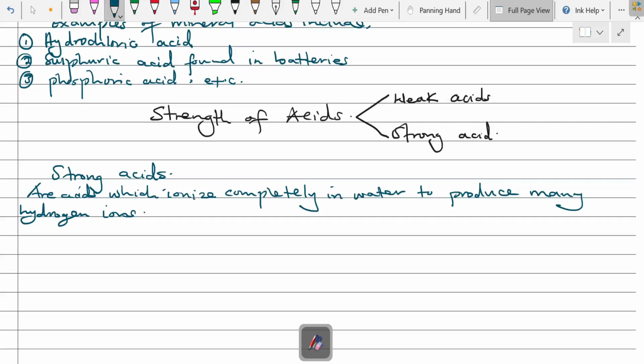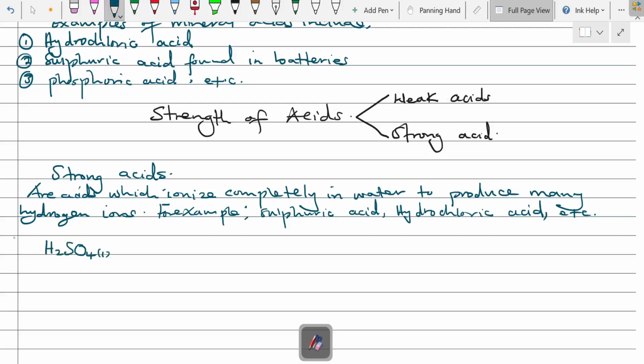So let's have examples. For example, we can have sulfuric acid. We can have hydrochloric acid. And so on, etc. So we are saying that in case you have, for example, sulfuric acid, and this is the formula of sulfuric acid.